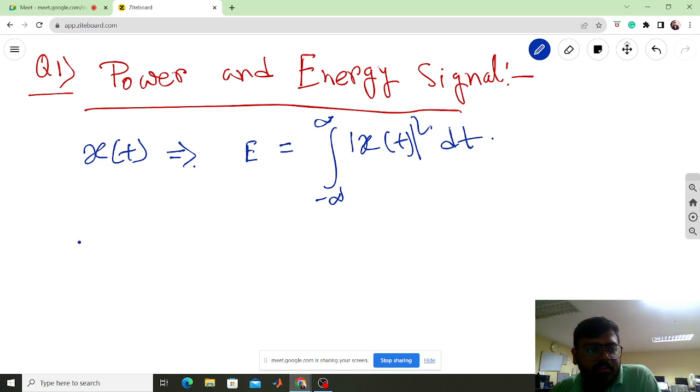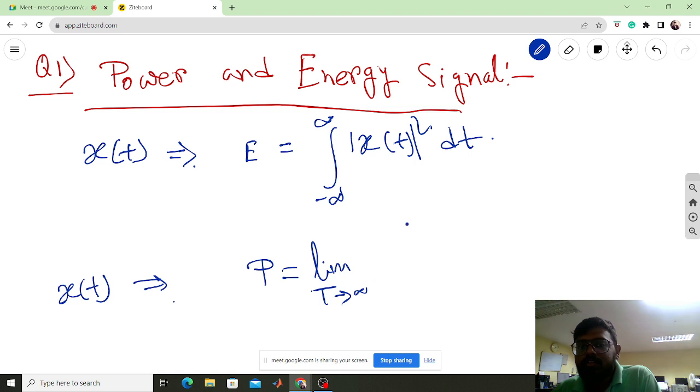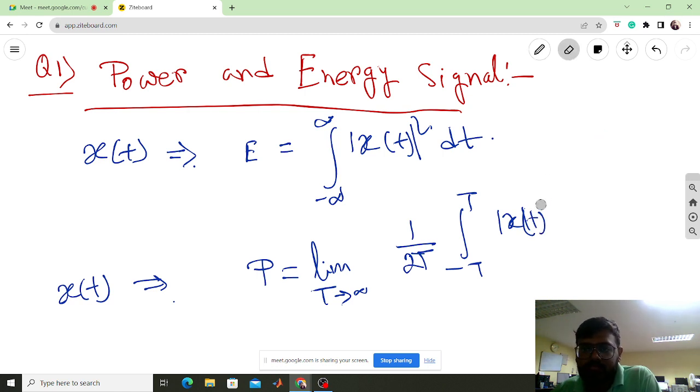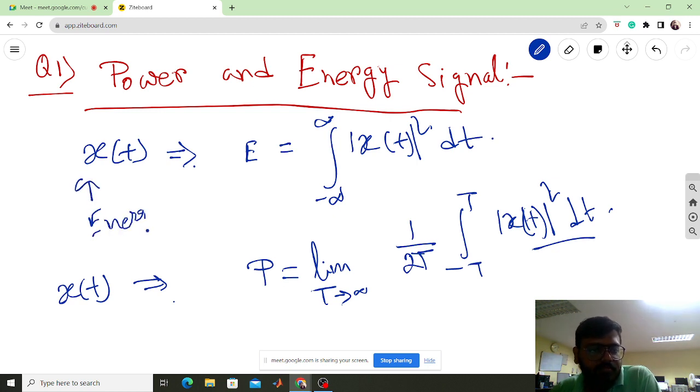And if the signal is a power signal x(t), the power will be the limit as T tends to infinity of 1 by 2T, integral from minus T to T of mod of x(t) squared dt. So this is for energy signal and this is for power signal.